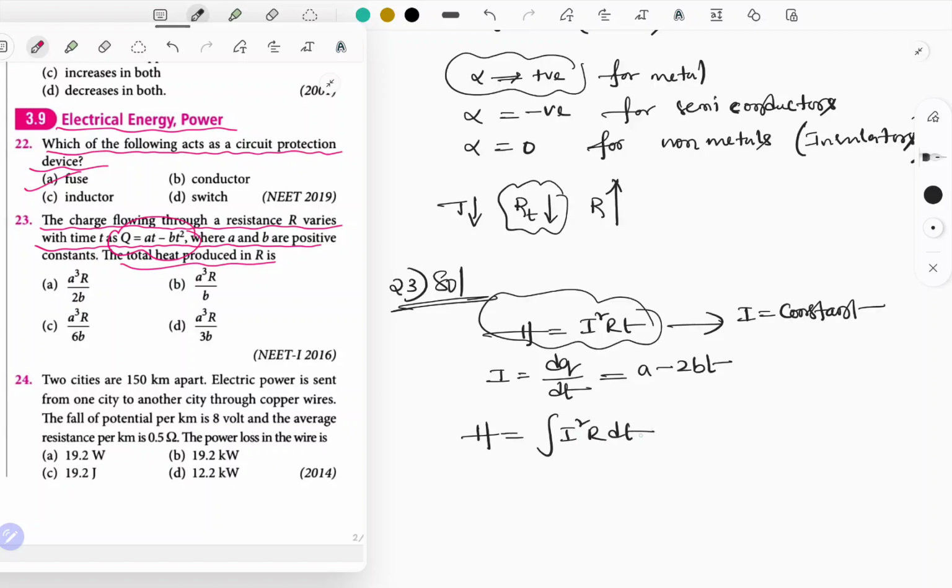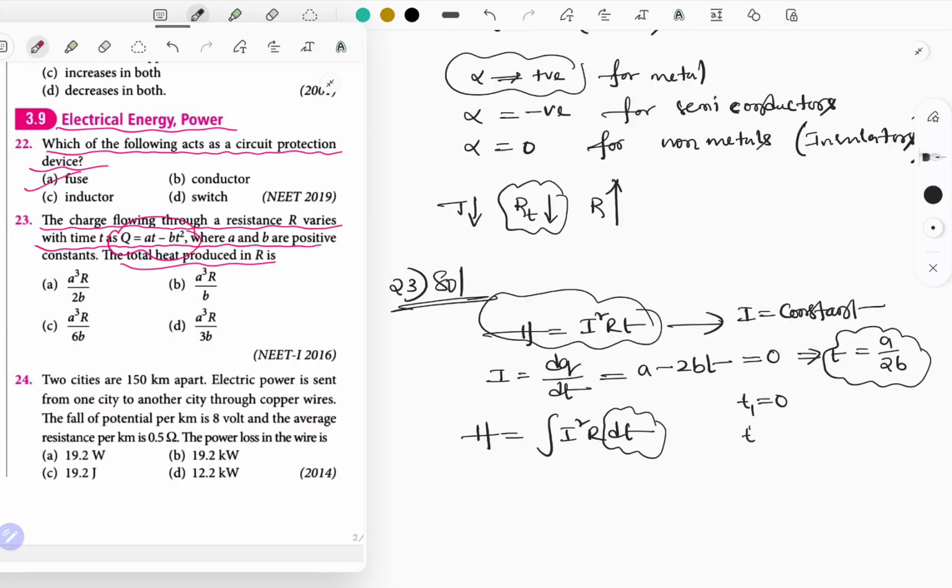Then we have to substitute limits with respect to time. Initial time is t is equal to 0. The next time is the time at which current is going to become 0. So if you substitute I equal to 0 here, then you are going to get t is equal to a by 2b. This is the time at which current is going to become 0.